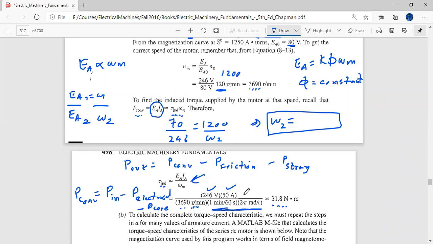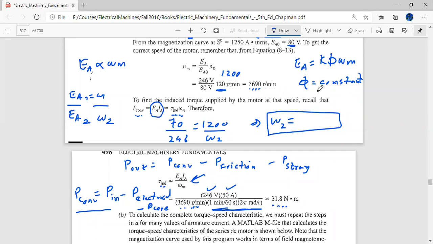So P converted will always be obtained from this relationship. It is equal to P in minus the electrical loss minus the core loss. And from P converted, P out is equal to P converted minus all the friction and stray losses. So always remember these two relationships. They will help you to do the analysis of all the DC motors. And the same equations will be reversed when we are doing the DC generators. Everyone okay with this?